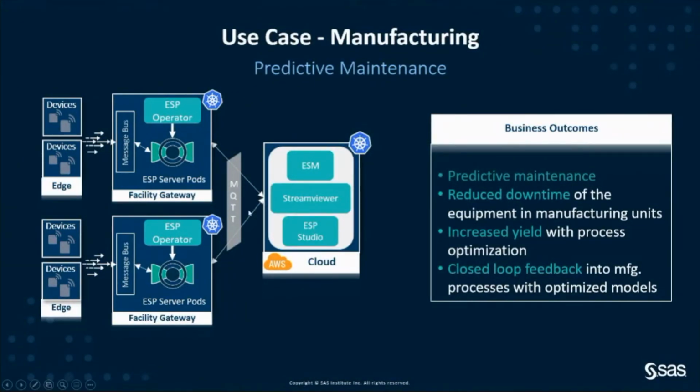All the models were created in the cloud, and since all the manufacturing units were running the same model, it was just one click of a button and everybody would have the updated model.